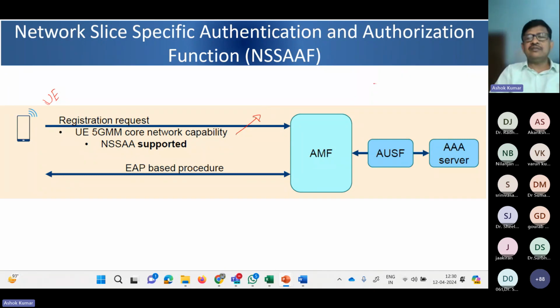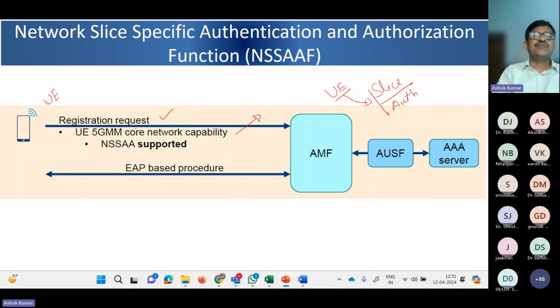And if a particular slice requires slice level authentication, then only those UEs can connect which support slice specific authentication, and also have subscribed to it. So during the registration process itself, the UE tells the core what its capability is in respect of slice specific authentication.